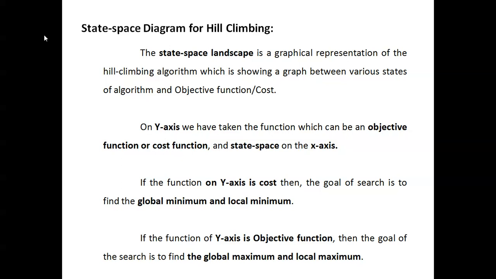If the y-axis objective function is a cost, it is used to search for the global minimum and local minimum. If the objective function is to be maximized, then the goal of the search is to find the global maximum and local maximum.